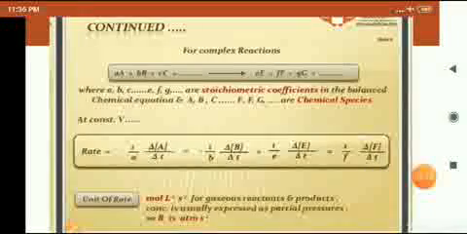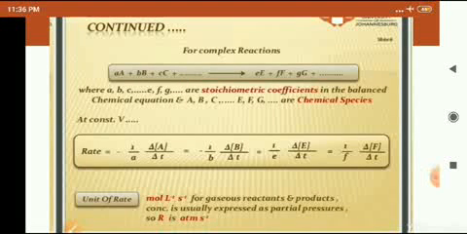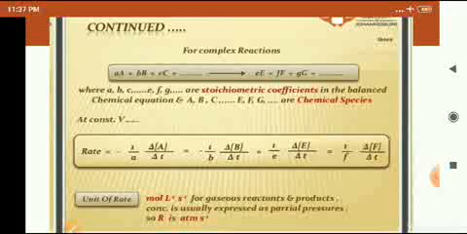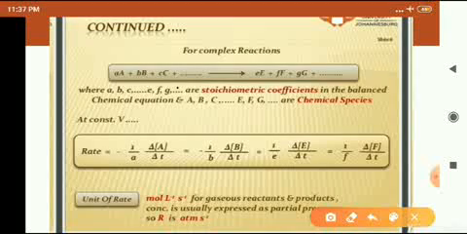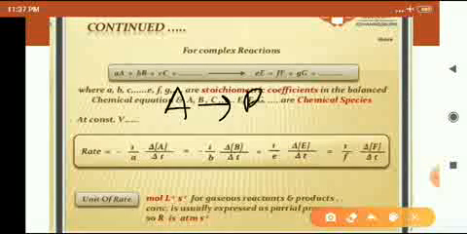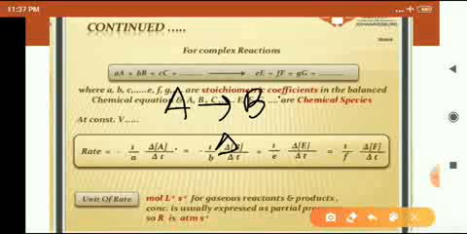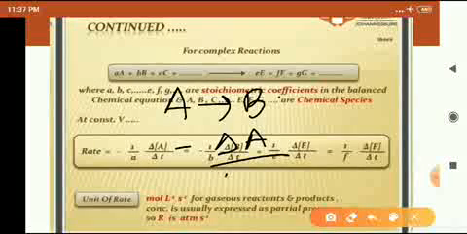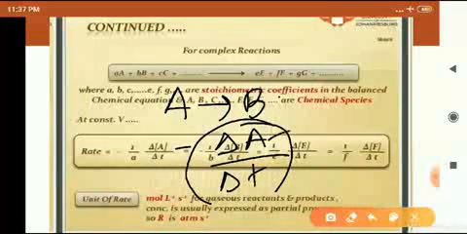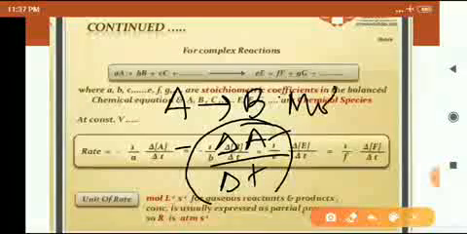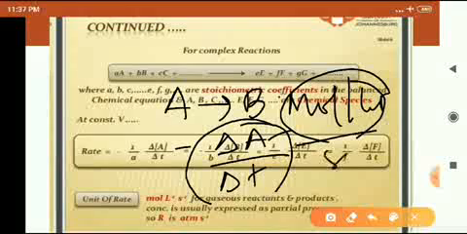The units of the rate of reaction are mole per liter per second, because we know that rate of the reaction is expressed as change in concentration divided by change in time. For example, for a reaction A gives B, we write average rate of the reaction as negative change in concentration of A divided by change in time. This change in concentration has the units of mole per liter, and this time has the units of second.